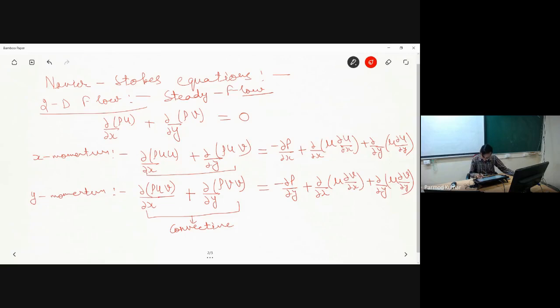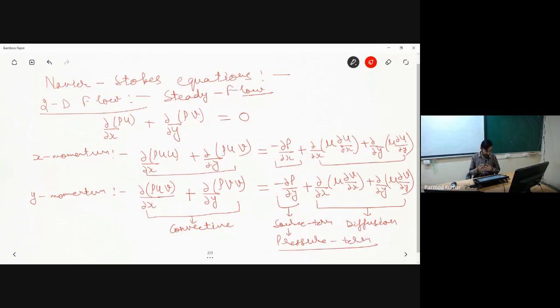And this term on the right hand side is actually representing the diffusion term, and this pressure over here is actually becoming part of the source term, and in this source term specifically we are referring to this as nothing but our pressure term.